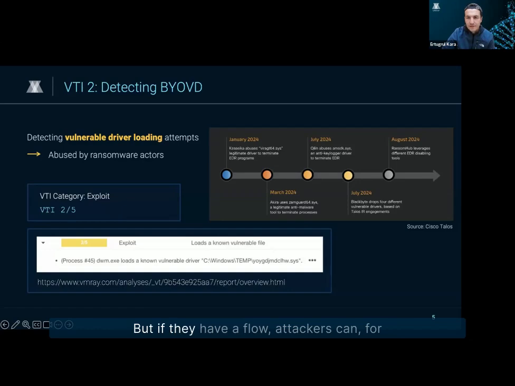But if they have a flaw, attackers can, for example, load the vulnerable driver onto the target system and exploit the flaw to gain kernel level access. And as we said, it can be dangerous. They can disable security tools, making the malware execution undetectable.